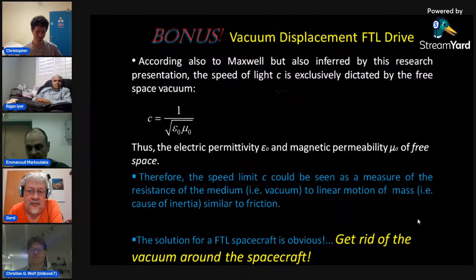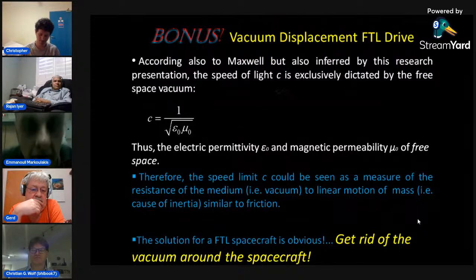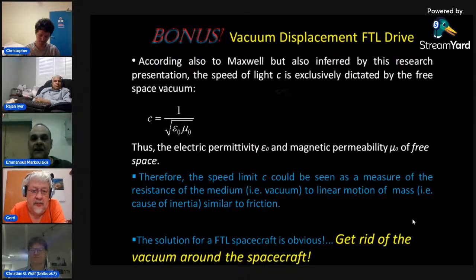So, if it's possible, according to the research which I presented, to have positive mass traveling faster than the speed of light in a vacuum. According to Maxwell, if you see this equation here, the speed of light, c, is exclusively dictated by the free space vacuum.